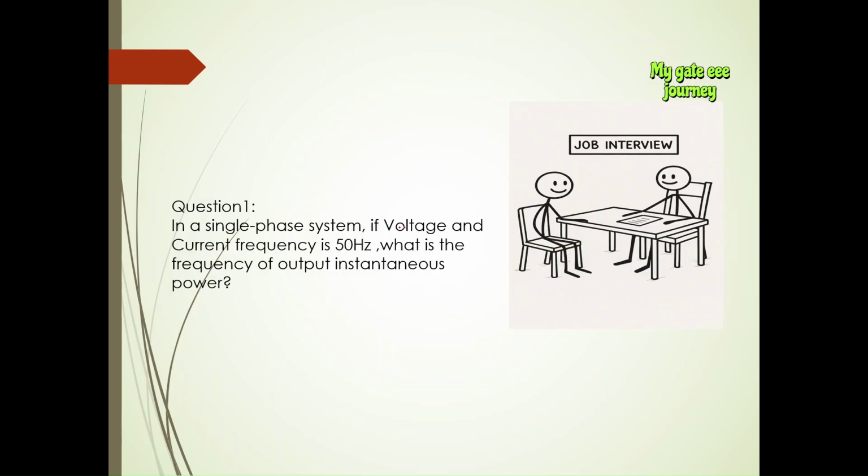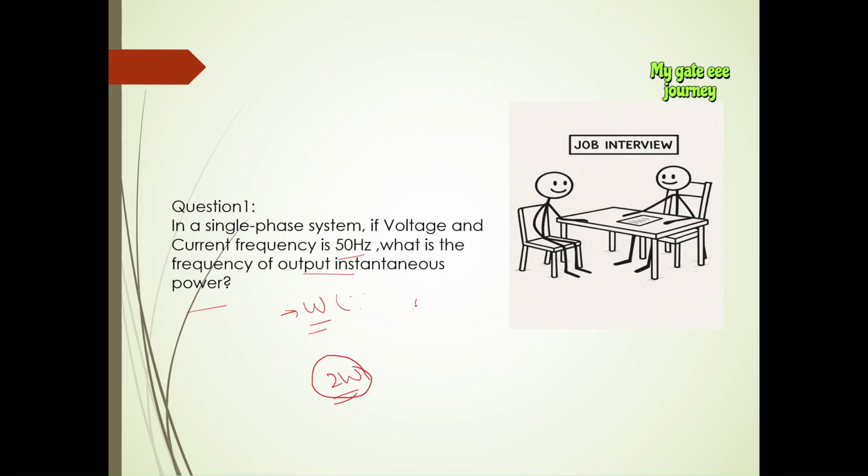In a single phase system, if voltage and current frequency is 50 Hz, what is the frequency of output instantaneous power? We have already seen in our previous slides, if voltage frequency or current frequency is omega, power frequency is 2 omega.